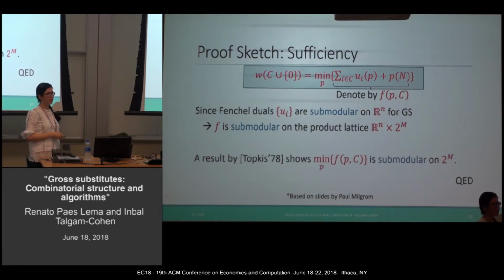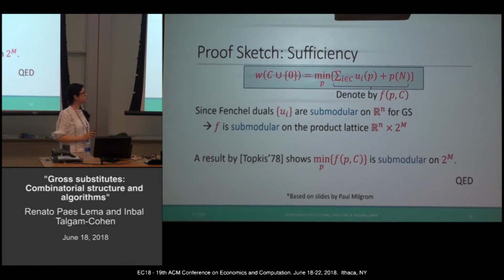And we can apply a result by Topkis that shows that if you have a submodular function on a product lattice and you minimize it over the prices, then you stay submodular. And this is the whole proof. So we get that this coalitional value function is submodular.